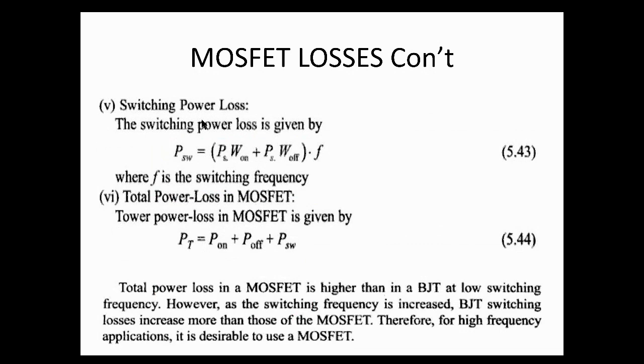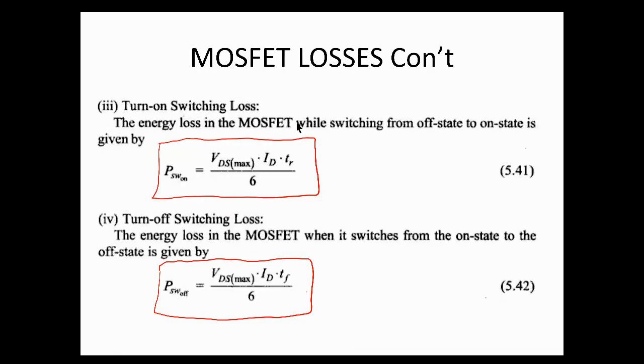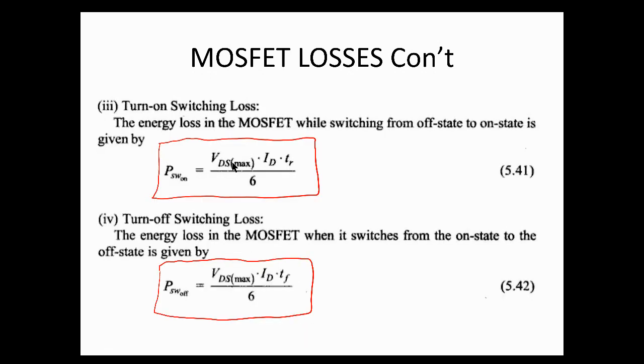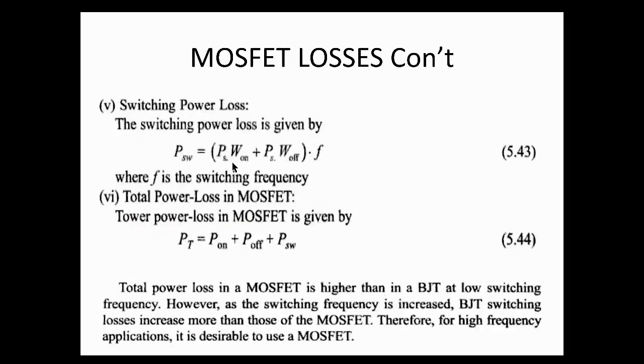Now, how about the power? What we're looking at here is basically the switching loss in terms of the energy. So how do we move from that energy to power? The switching power loss is given by this expression here. So the energy that we have lost at turn on and the energy loss at turn off, multiply by the switching frequency.